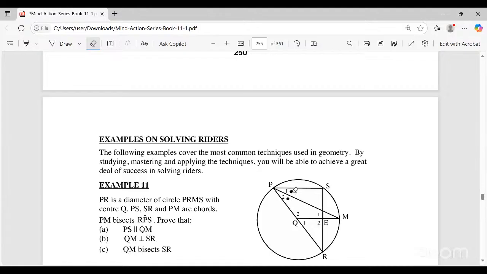If it's 2x, then P1 will be x and P2 will be x, but they represented it using those dots. Now we are required to prove that PS is parallel to QM, QM is perpendicular to SR, and QM bisects SR. Anyone with an idea, guys, of how we can approach these riders? Any one of you who can tell us how we can approach this question?